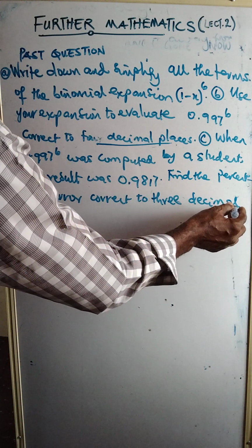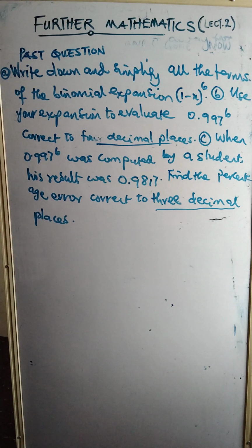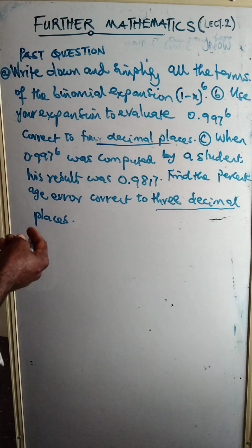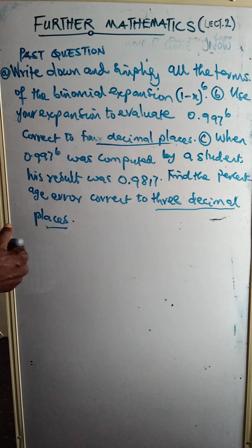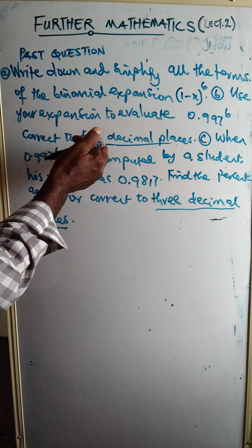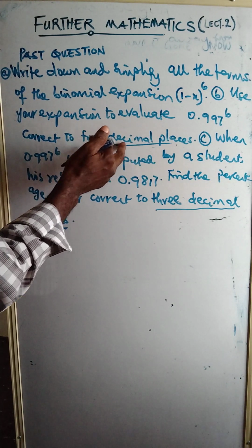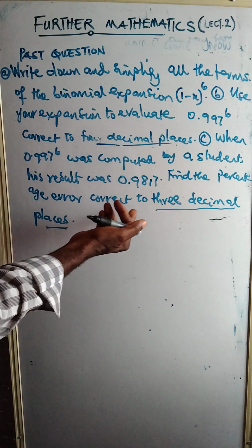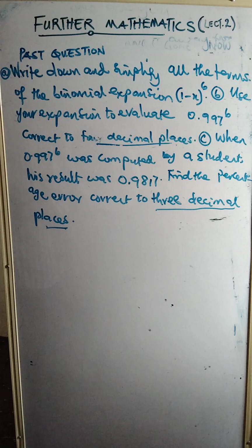Again, another very instructional point we must take note of. This is very important so that at the end of your answers, if you round off the result, it has to be to 4 decimal places, and then the last part has to be to 3 decimal places.